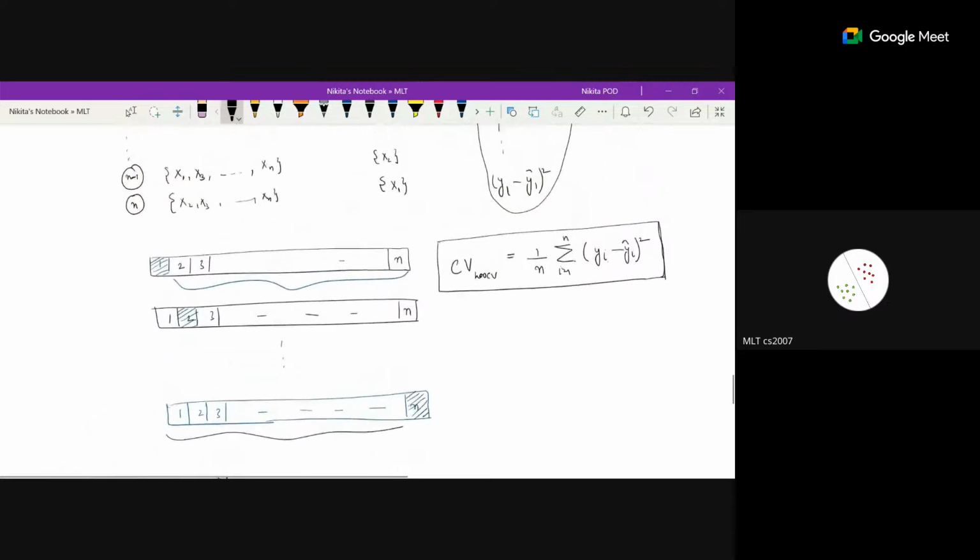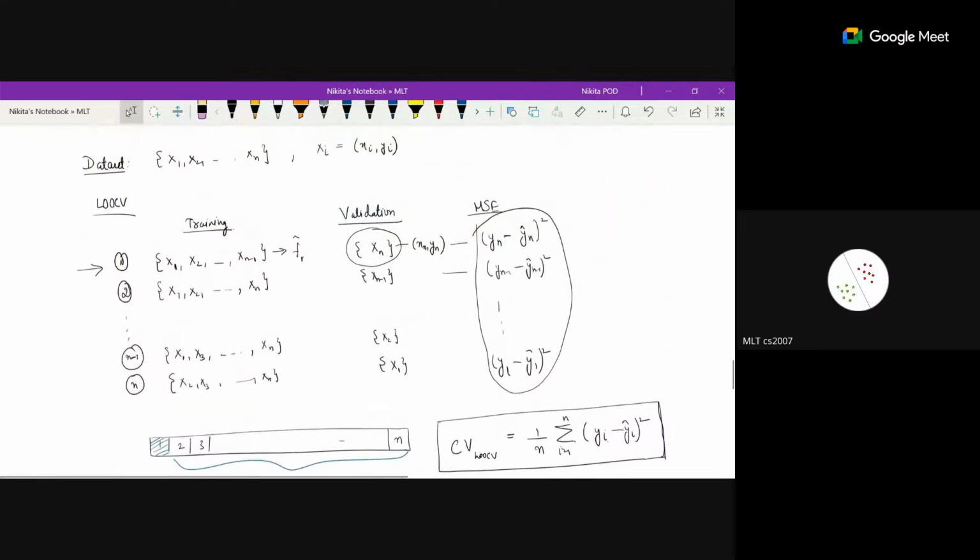This is how these two techniques work, leave one out cross validation and k-fold cross validation.